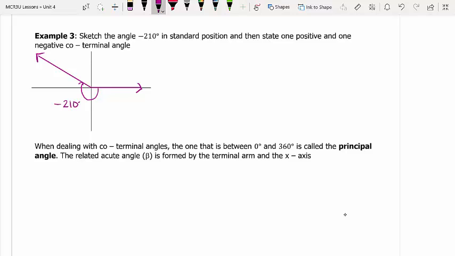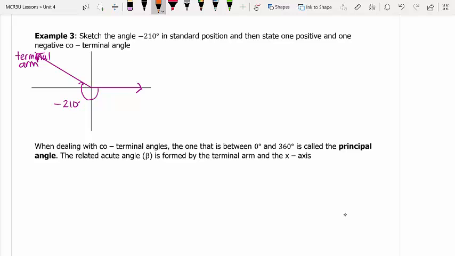Okay, so now the question is asking us to also state one positive and one negative coterminal angle. So we need to find two other angles that share the same terminal arm. So any angle that will end up in that same spot. So let's start with the positive coterminal angle. Okay, so we know it's going to start at the same initial arm. And we have to come up with an angle that rotates counterclockwise and ends at the same terminal arm.